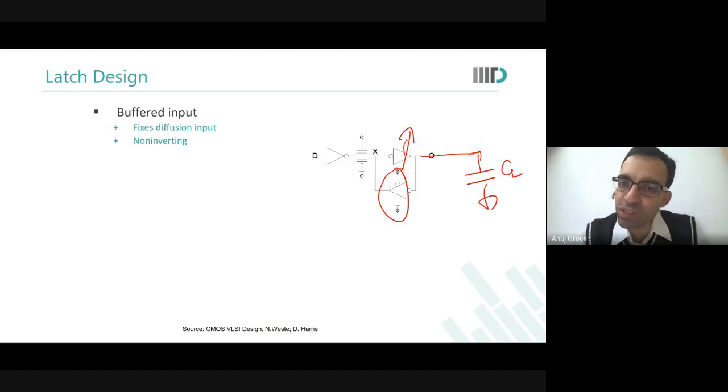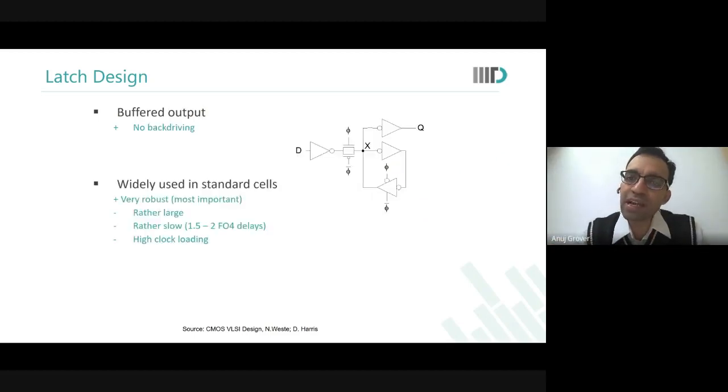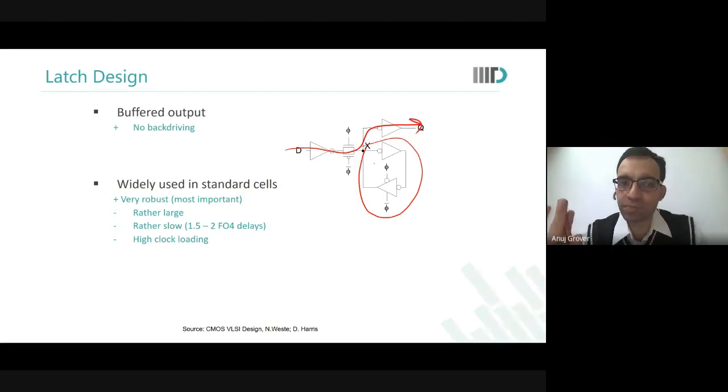Just the leakage of this particular gate will start to toggle the latch. So my latch will become very asymmetric. To improve the noise margin, I need to size this up, which means I end up giving a lot of area. To avoid that problem, we say that the latch is simply a hanging latch. Input comes and goes to the output. It does not even interface with the latch.